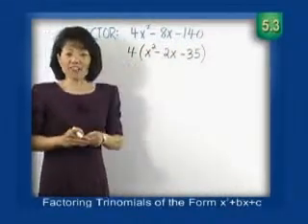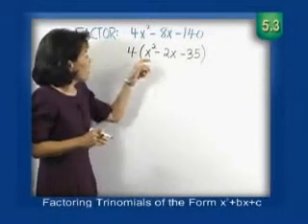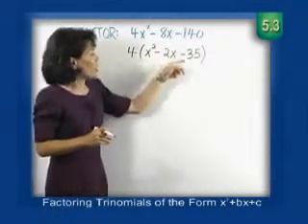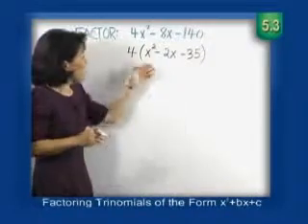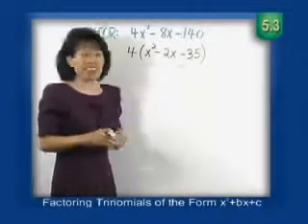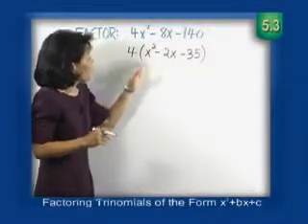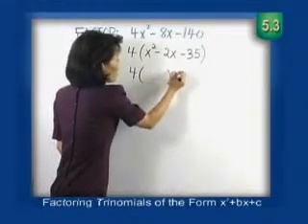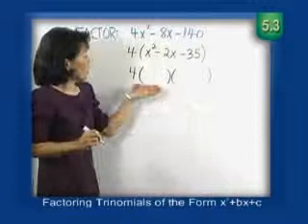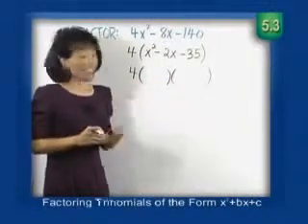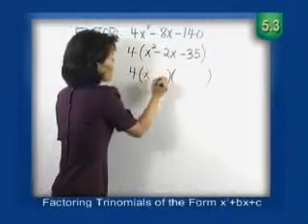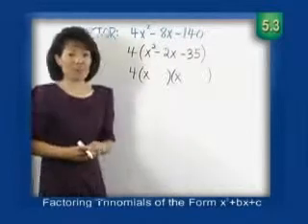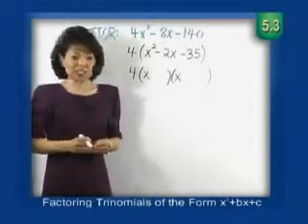Now we're back to factoring trinomials of the form x squared plus bx plus c. In this case, our b is negative 2 and c is negative 35. So what we're going to do then, remember we learned this, is we know it's going to factor in this fashion. The first terms, there's no thinking. We know that we have to have an x and an x to get x squared. That part's easy.